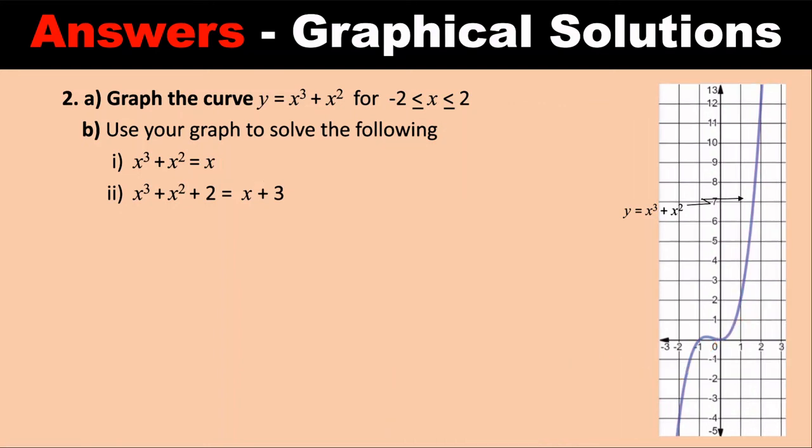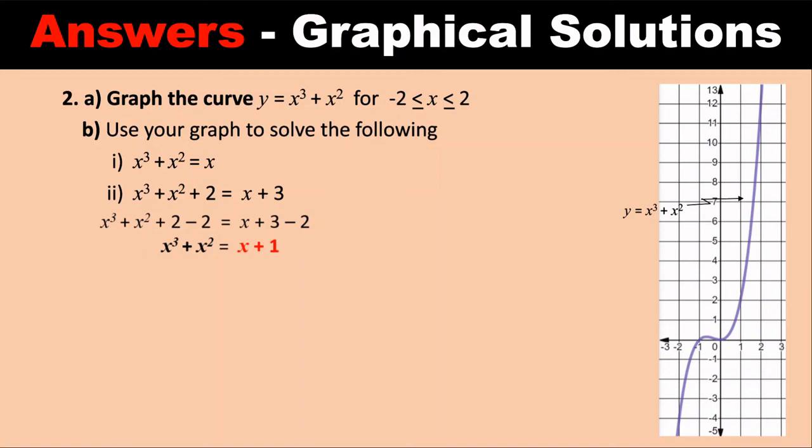For part II, we've got a cubic expression, which is equal to some linear expression. However, we are going to need to do some algebraic rearranging to see how our curve is going to help us to answer this question. So rearranging that to get x cubed plus x squared equals something, we'll just subtract the 2 across. So x cubed plus x squared is equal to x plus 1.